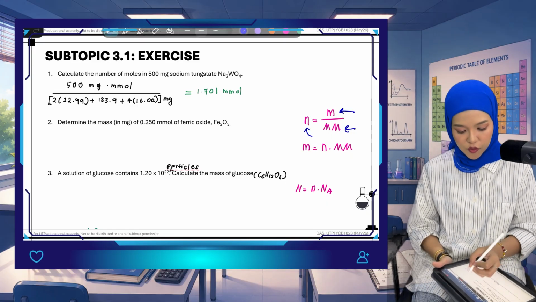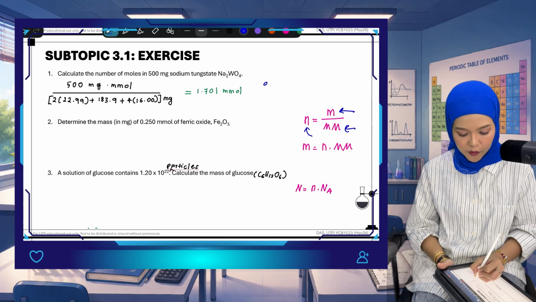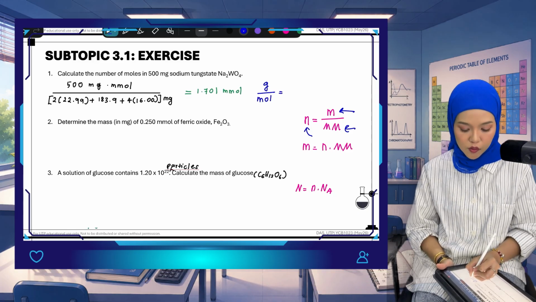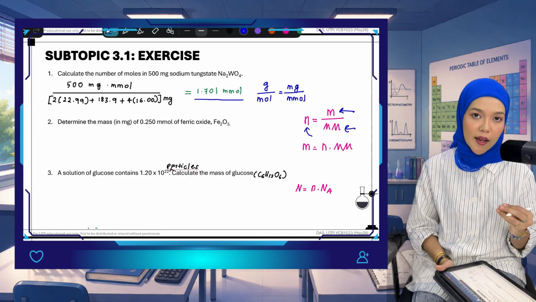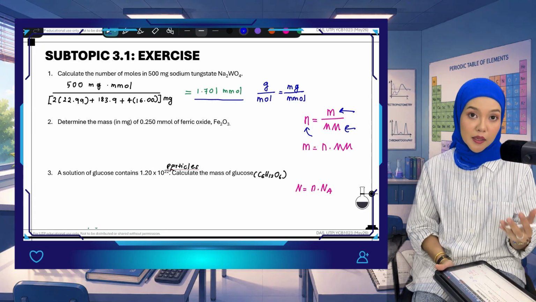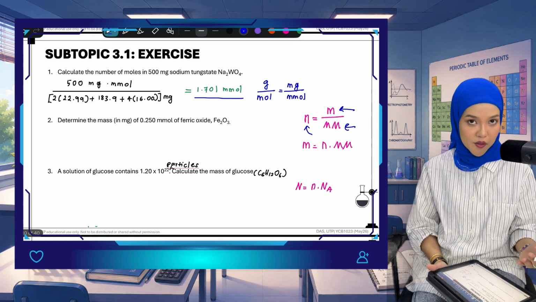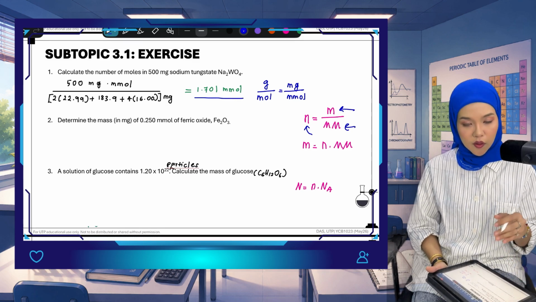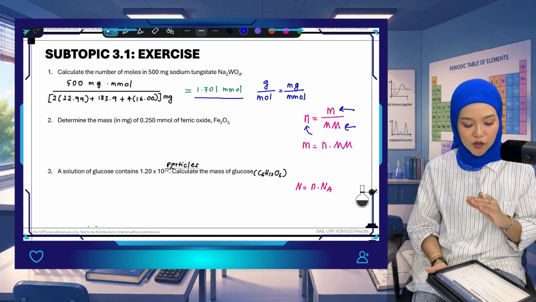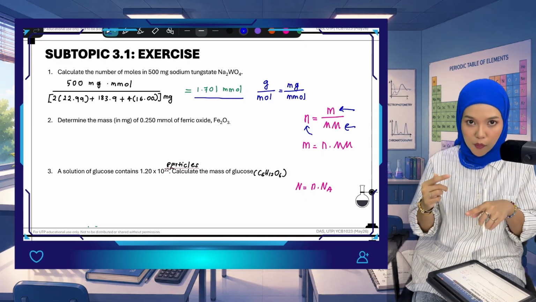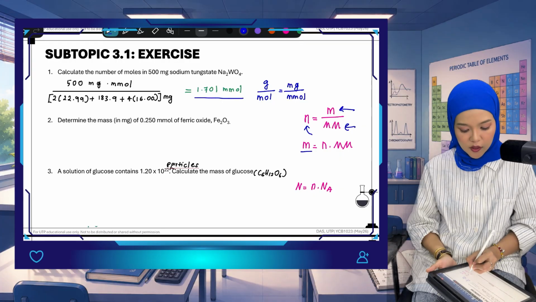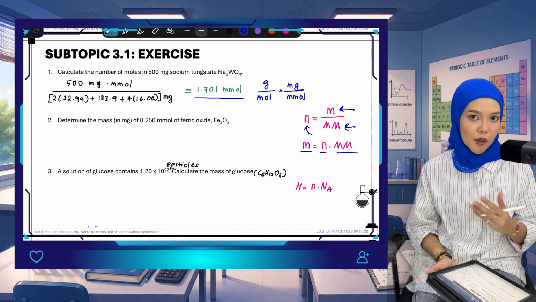Let me mention that gram per mole is similar to milligram per millimole. So in my final answer, I answer it as 1.7 millimole. For the second question, you have the mole and need to calculate the mass, so you manipulate the formula to become mass equals mole times molar mass.